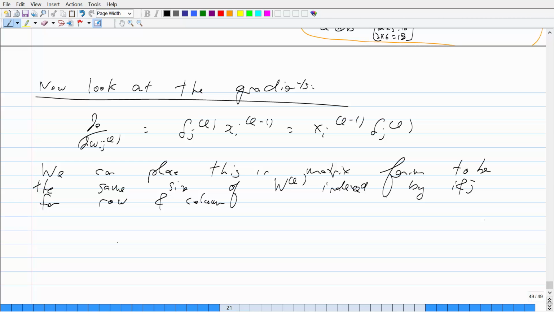In this case, it's going to look like this. The X values are the rows and the sensitivities are the columns.